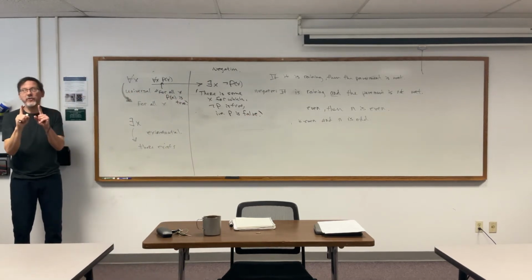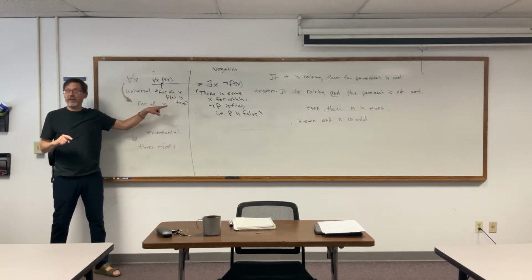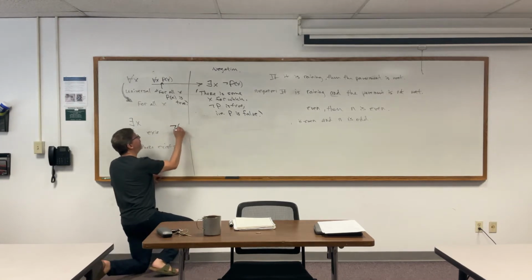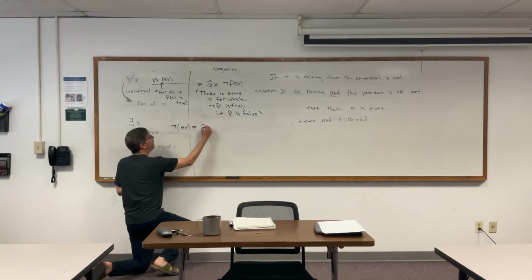So here's all I want you to get out of that: to negate "for all," it becomes "there exists." That's the key thing here. So "not for all" is equivalent to "there exists one" for which it fails.